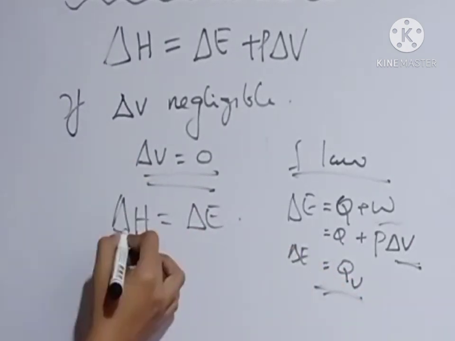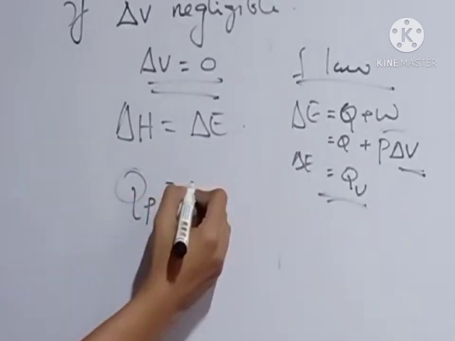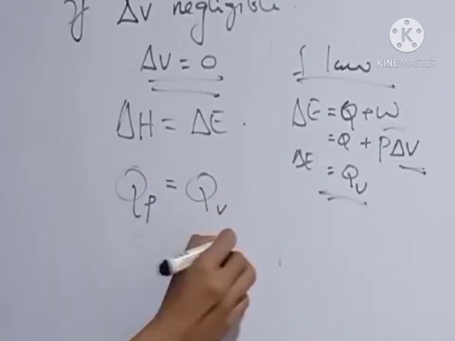So here delta H equal to delta E. So QP equal to QV.